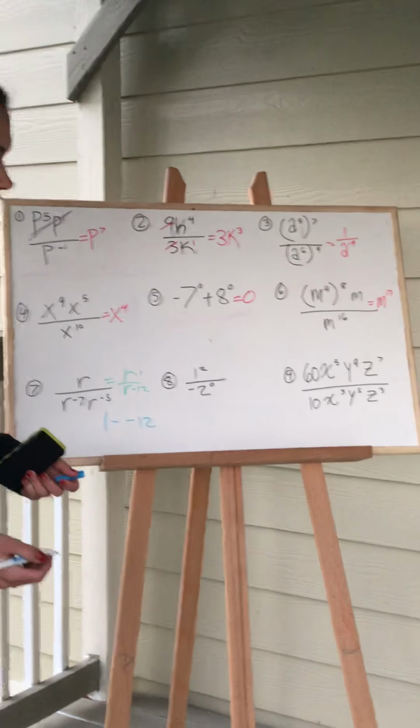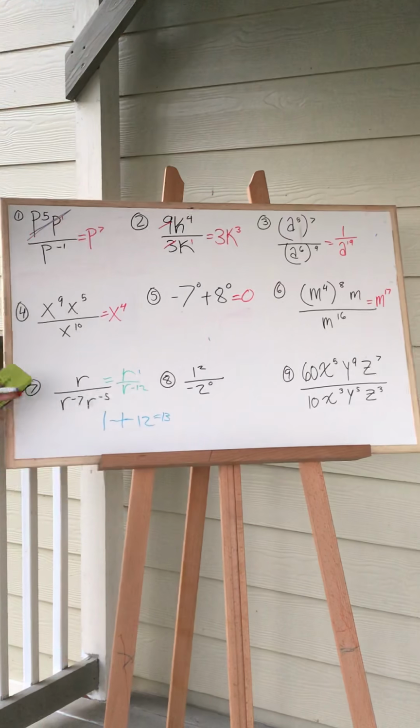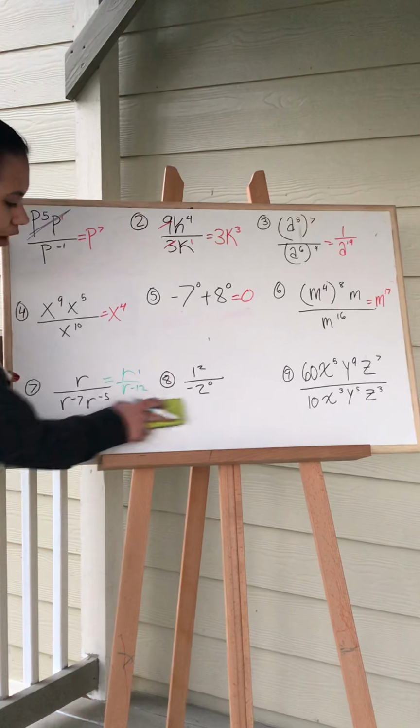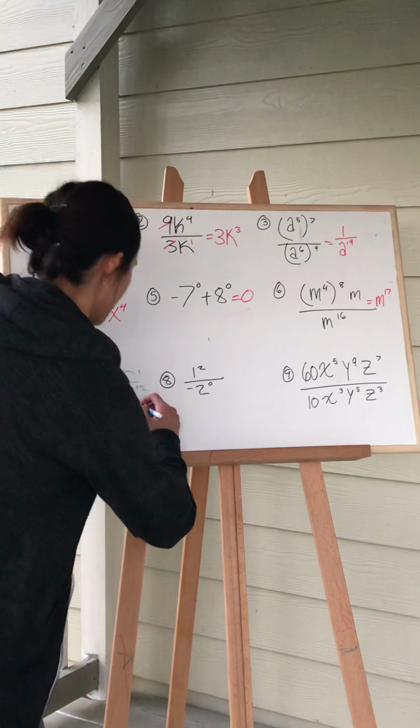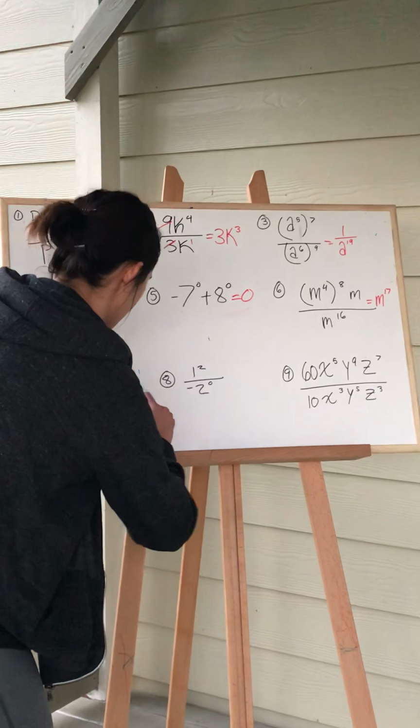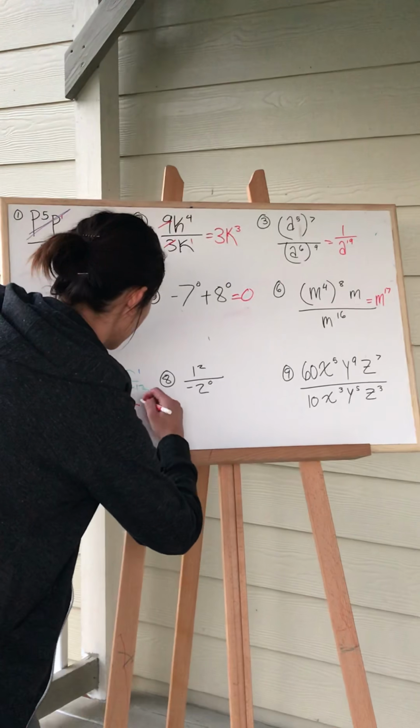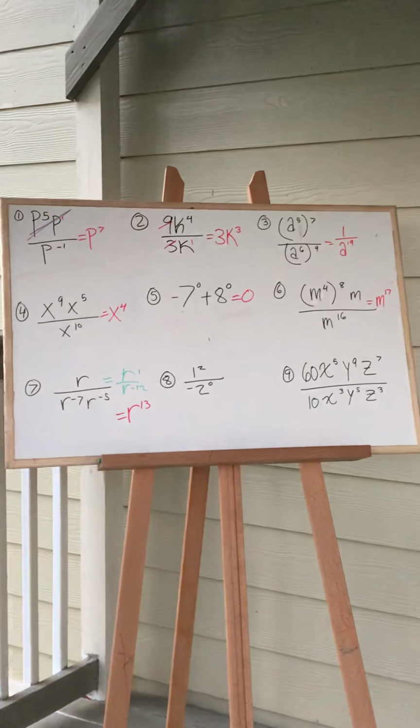Okay, 1 minus negative 12. So when you see the two negatives, you add them, and we get r to the 13th power. 1 plus 12 is 13, okay? So our answer is r to the 13th power. Turns out it's positive. So, let me write that. R to the 13th power equals r to the 13th power, okay?